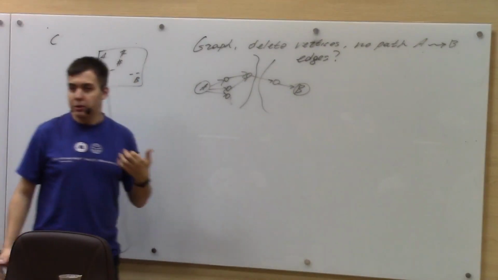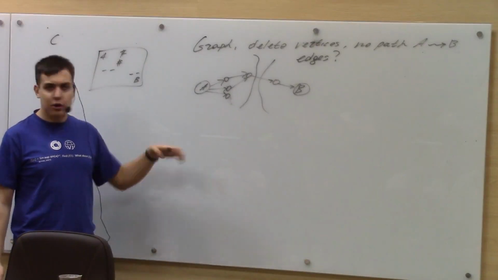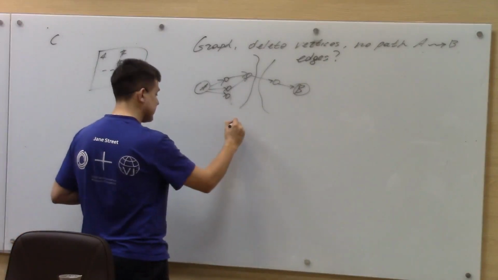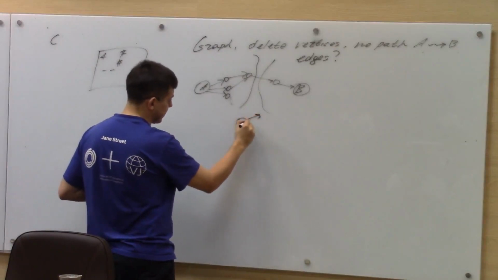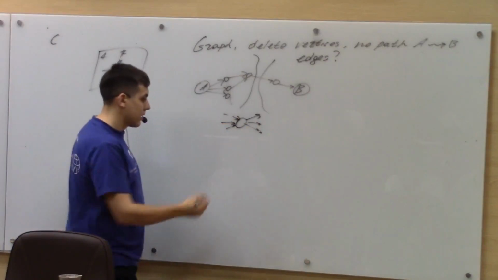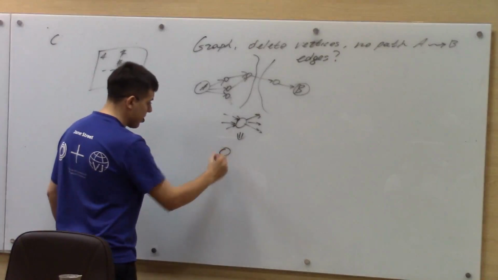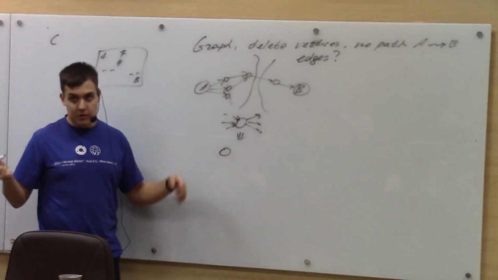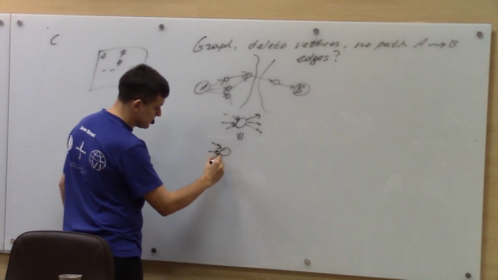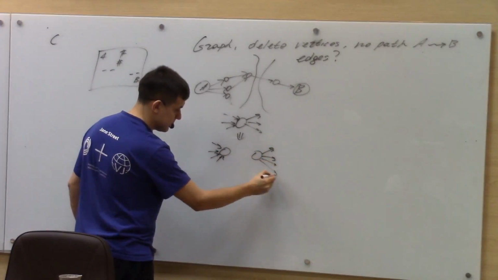So what do we do if we want to remove vertices instead of edges? This is a common trick in max flow problems. What we'll do is, instead of one vertex with some incoming edges and some outgoing edges, we transform it into two copies of one vertex. So we have a copy for all incoming edges, so all edges that go into that vertex. Then we have a copy for all outgoing edges.